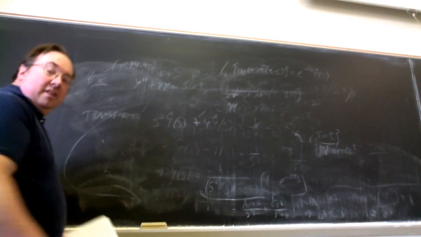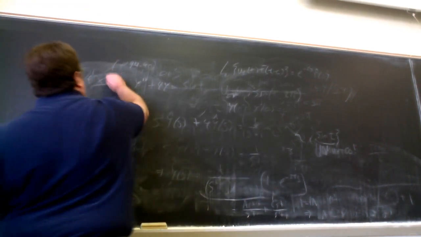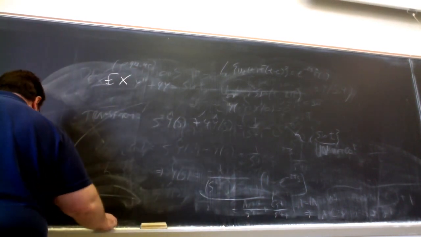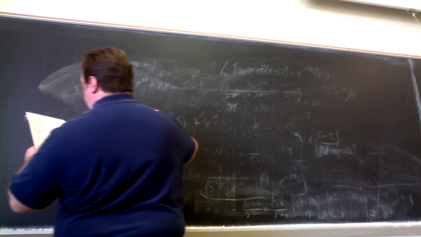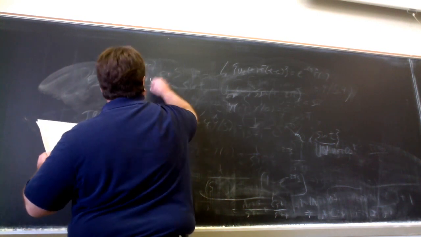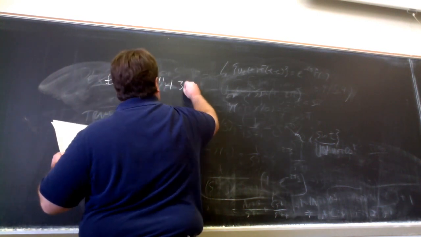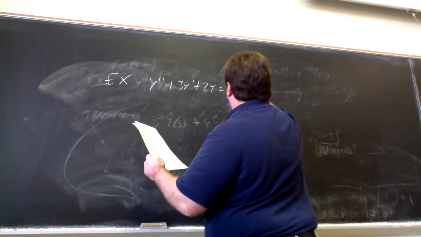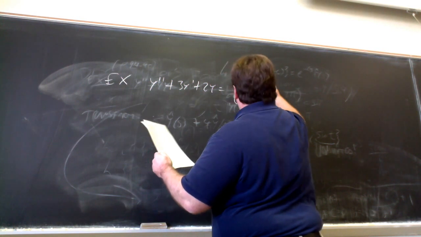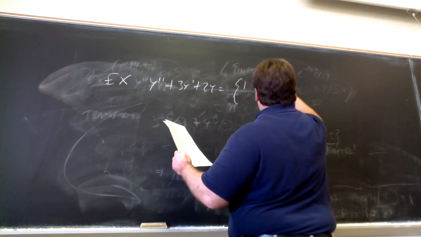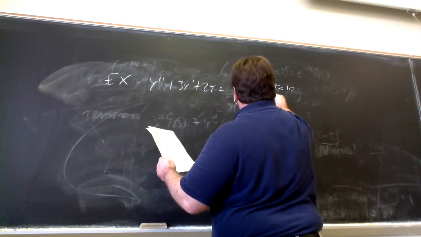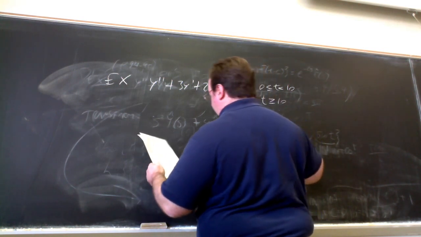Okay, so last example. A decent piece of chalk would be nice. So we have y double prime plus 3y prime plus 2y is equal to this piecewise function. So equal to 1 until t equals 10, and then 0 after that.